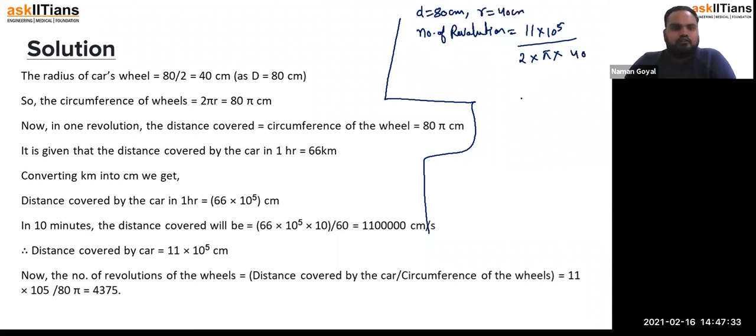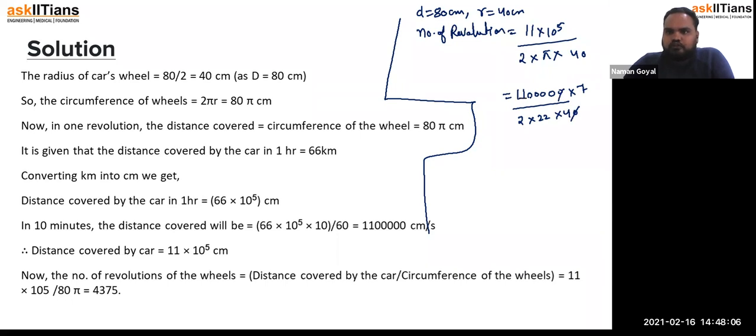Now if we solve this, we take pi as 22 by 7, so it would be 11 into 10 raised to power 5 upon 2 into 22 by 7 into 40.